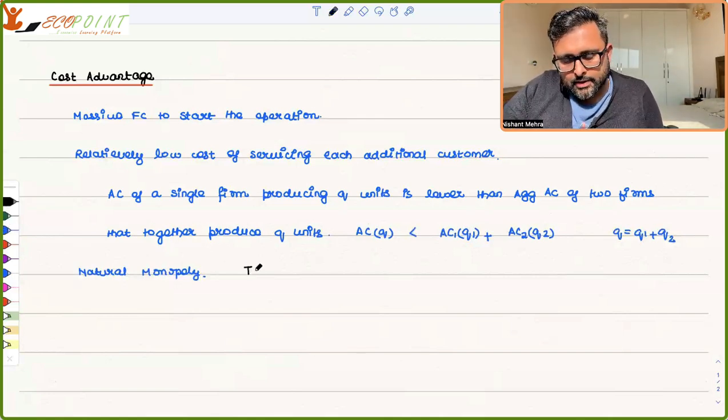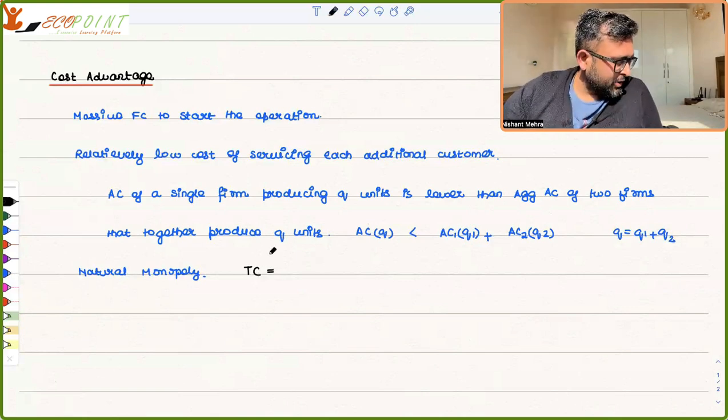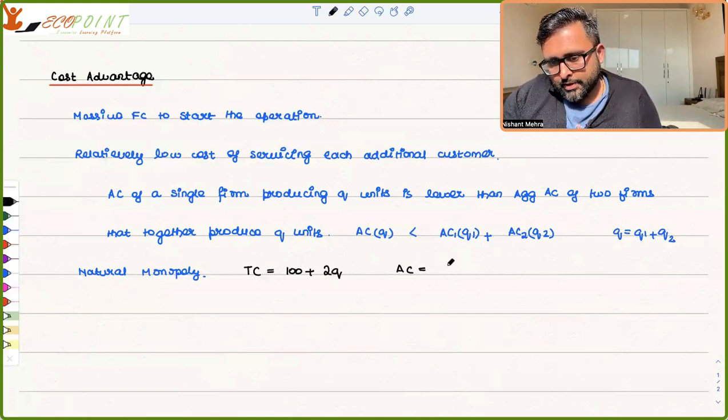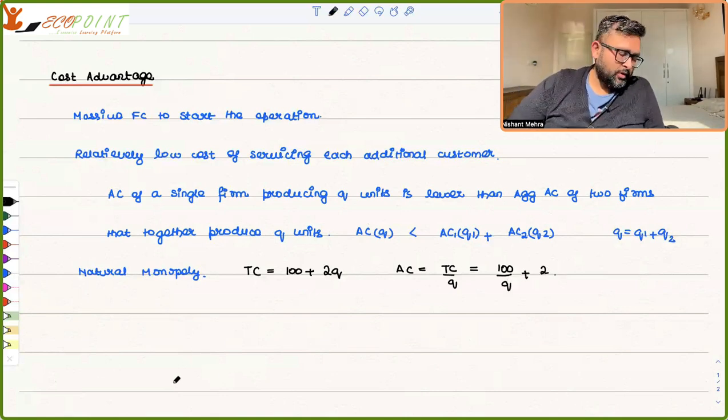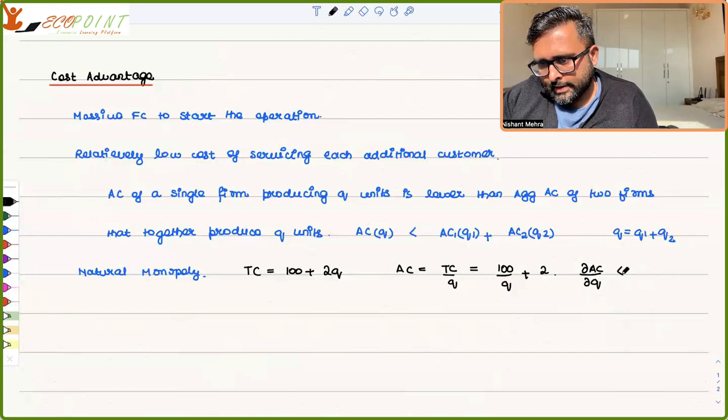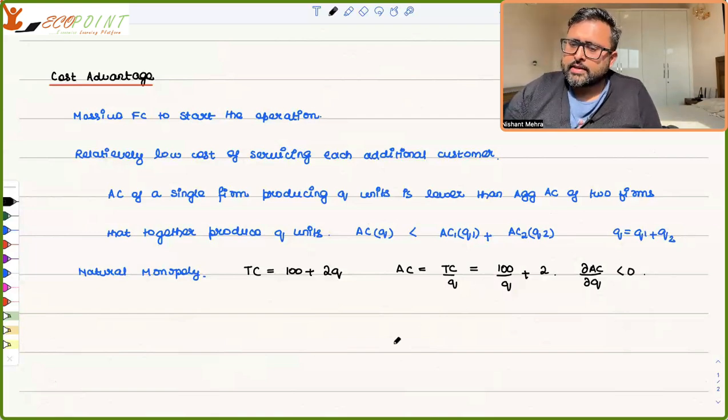It says this कि मान लेते हैं TC is equal to 100 plus 2Q. ठीक है. So what is AC of producing this? TC upon Q, which is 100 upon Q plus 2, right? और आप देख सकते हो that del AC by del Q is less than 0, that is negative.